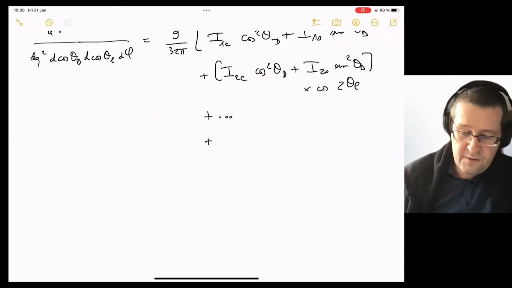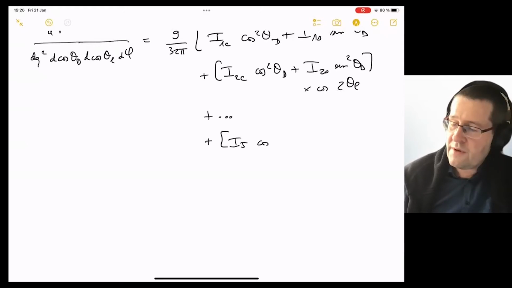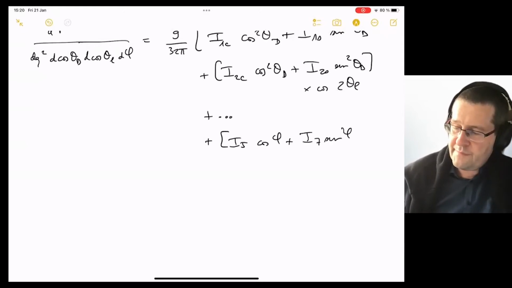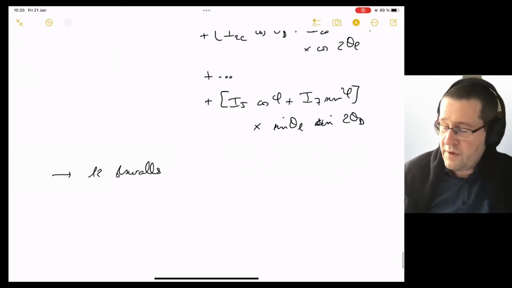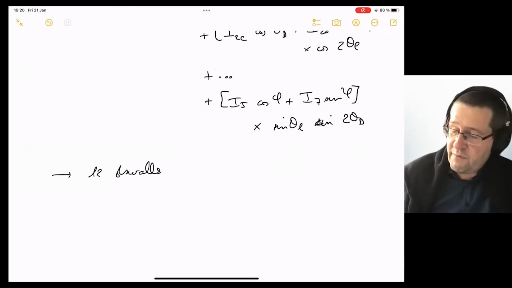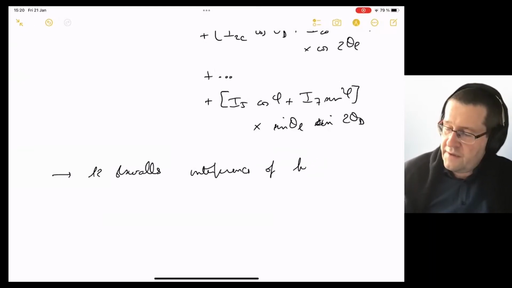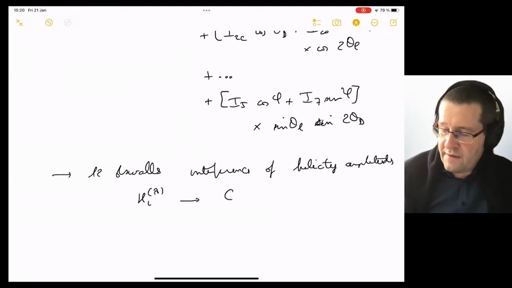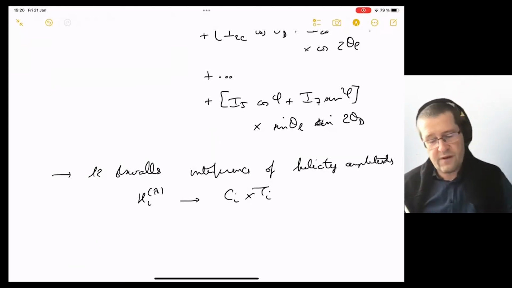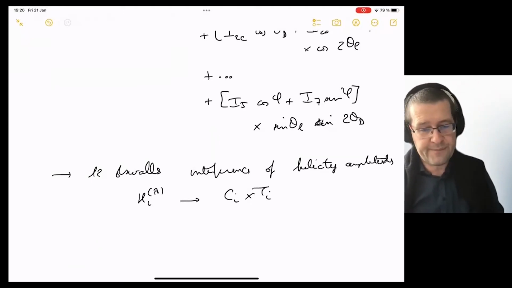And in the end, you can build 12 observables this way, which are interferences of helicity amplitudes of the form I've just mentioned before, which contain contributions from the effective operators.